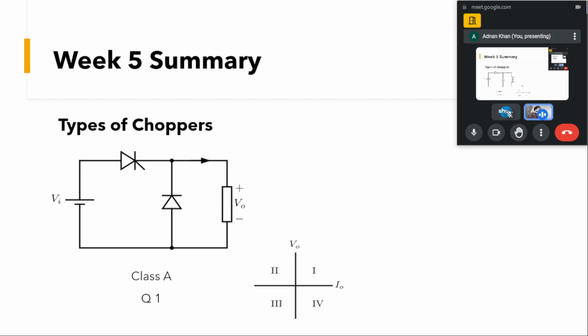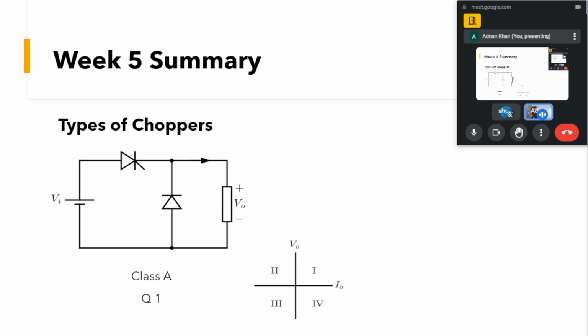These choppers can be of different types. Most probably I'll be discussing five types here, as discussed in the course. These types are on the basis of the voltage blocking capability and current conducting capability of the chopper device.